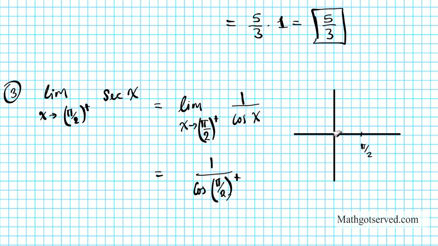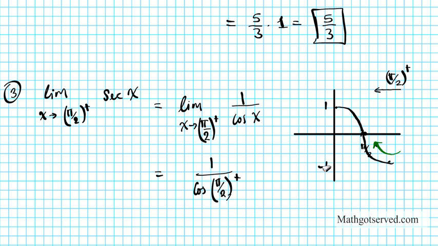You should know the graph of your cosine function. It starts from the max, and then it goes right through pi over 2, and through pi over 2 this way. So if you notice, you're approaching pi over 2 from the right side, approaching from this direction. If you're approaching pi over 2 from the right side along this function, what is happening? You notice that you're going from the bottom up. So you're approaching a really, really small negative number.